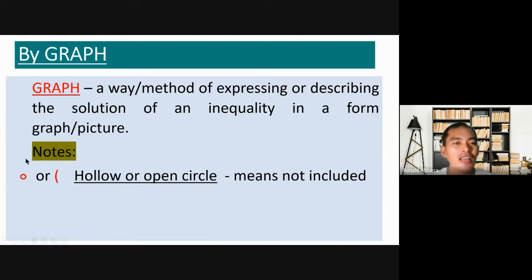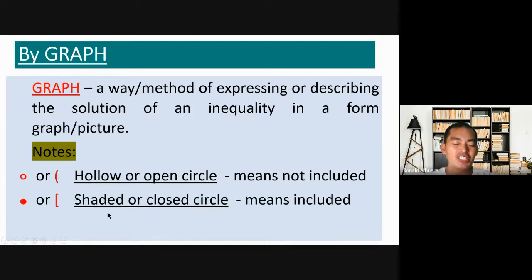Pag may hollow circle sa opening or sa starting point or at the end, meaning hindi siya kasama. Sometimes, instead of hollow circle, we use the open or closed parenthesis. And we have the shaded or closed circle. It means that that point is included. Or sometimes we use this bracket.